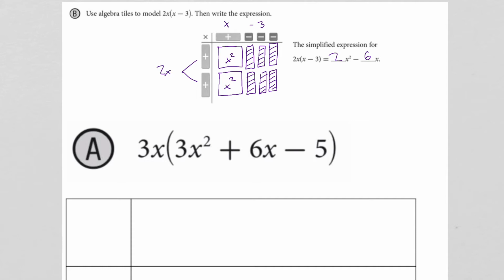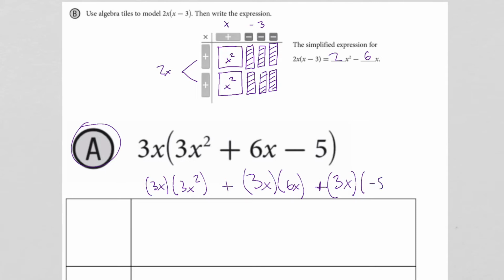You can rewrite this example A here as 3x times 3x squared plus 3x times 6x, and then minus, or you could say plus, 3x times a negative 5, because you've essentially distributed the 3x to all of these terms.